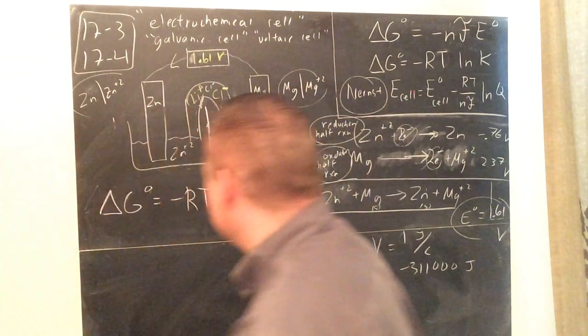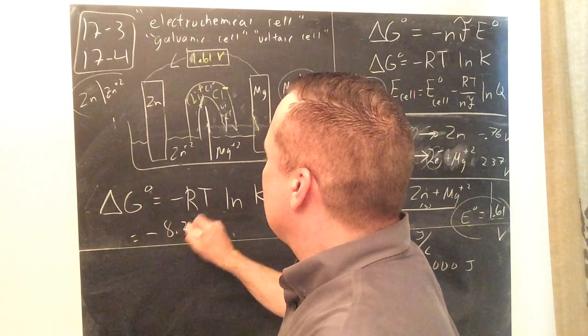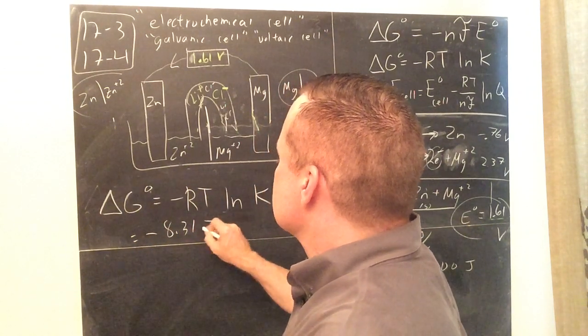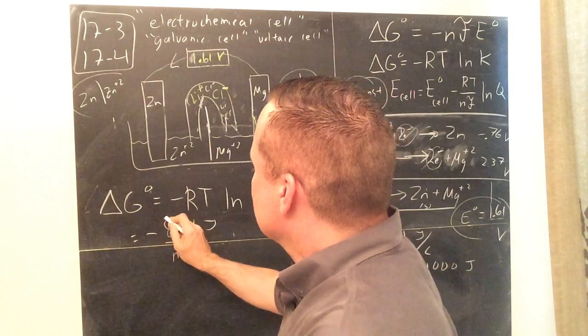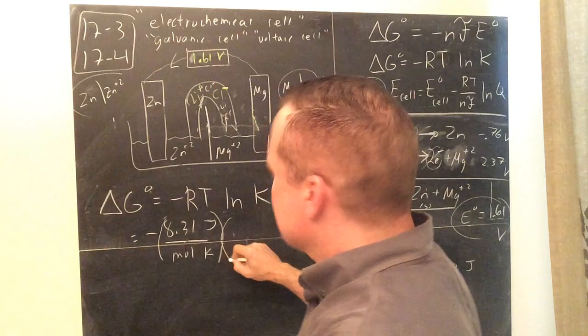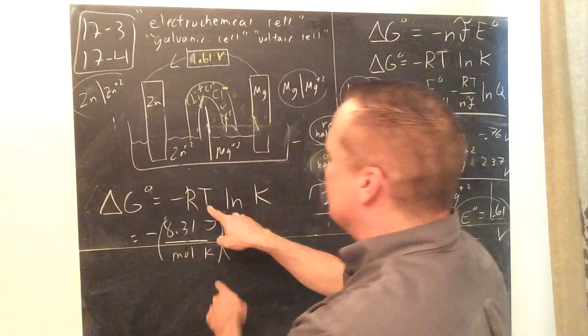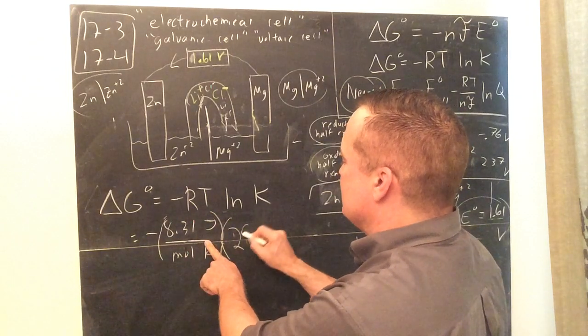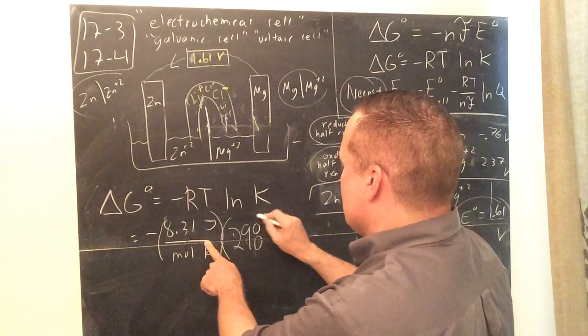And what I'm going to do is just plug them in. For R, it's going to be 8.31 joules per mole Kelvin. Don't forget your negative sign. The temperature, it said, was 25 Celsius, right? Yeah, it's going to be standard. And remember, it must be in Kelvin: 298 Kelvin. All right.